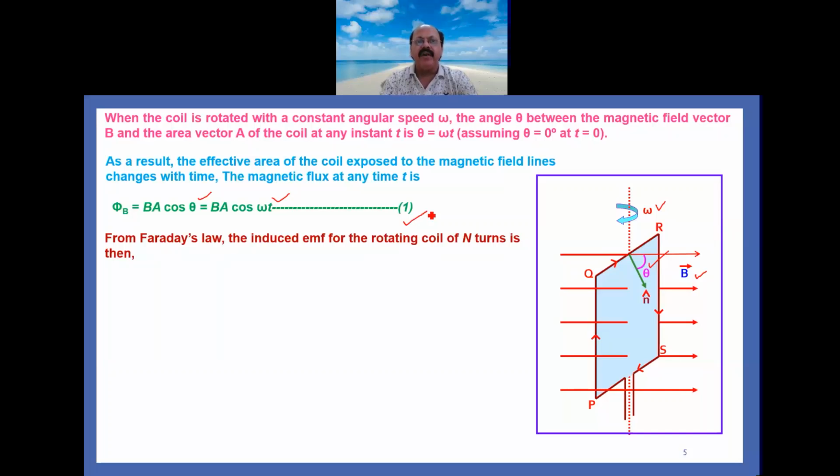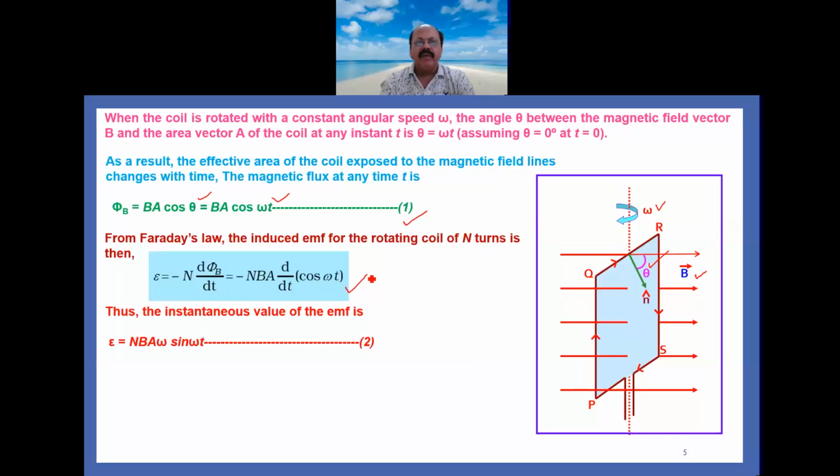Now from Faraday's law, the induced EMF for the rotating coil of N turns is E equal to minus N d phi B upon dt, equal to minus N BA d upon dt of cos omega t. Now we differentiate cos omega t with respect to time, and its differentiation gives omega sin omega t. So we get the instantaneous value of EMF as E equal to NBA omega sin omega t. Mark this equation number 2.